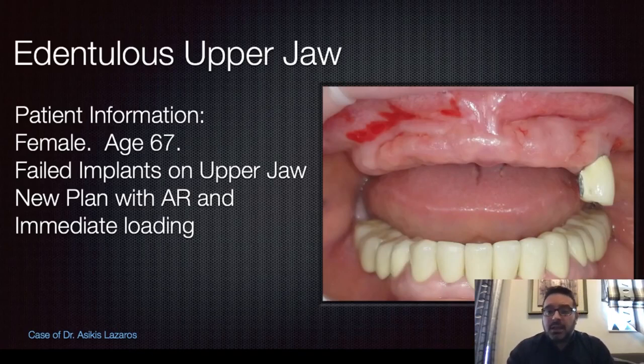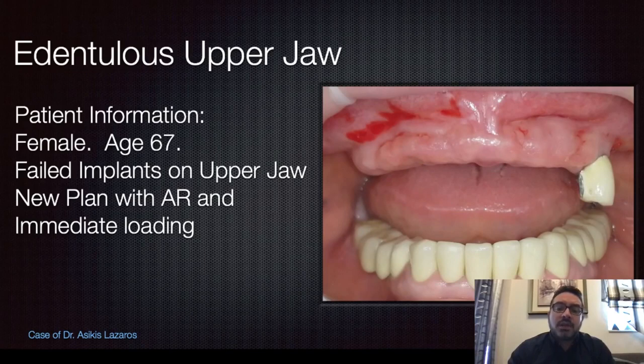In this case, we have a female around 65 to 67. She had decided to make implants in a neighbor country, and the implant unfortunately was lost. We expected that there would be some bone loss in the upper jaw, and we let the patient's gums heal so as to have a good clinical situation, as you see in the photo.